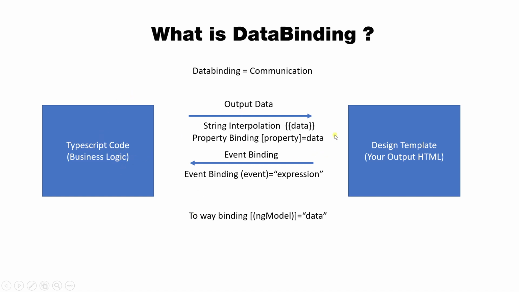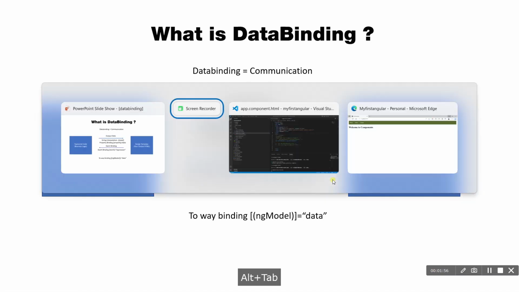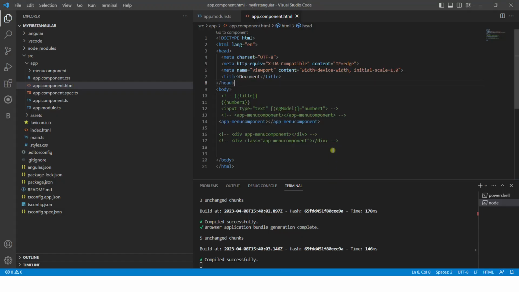That is, you can have the value from your HTML in your TypeScript and from the TypeScript into your HTML. That is termed as two-way binding. So these are the four ways of binding your data, which is known as data binding in Angular. Now let's go through it one by one and see the practical way of implementation.